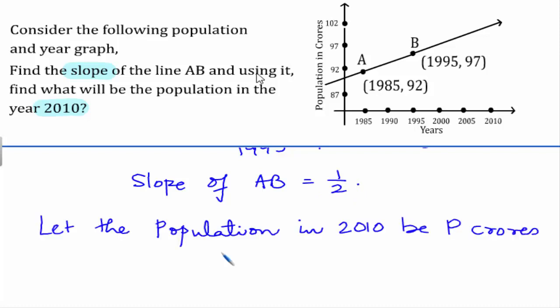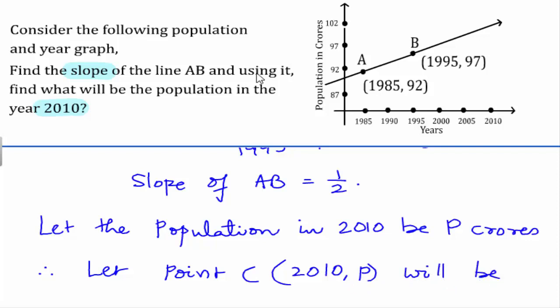Now let us assume that the population in 2010 would be P crores. Therefore, let a point C with the coordinates 2010 and P be on the line AB. That means somewhere here. Now, when A, B, C are on the same line, therefore the slope of AB will be equal to the slope of BC.